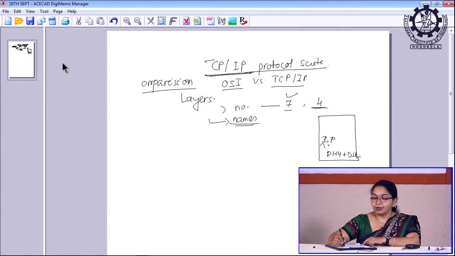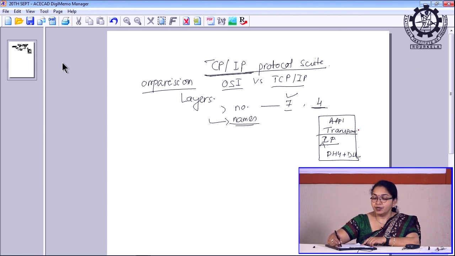For the TCP/IP model this is the IP layer, Internet Protocol layer, and above this we have the transport layer, same as your OSI model.